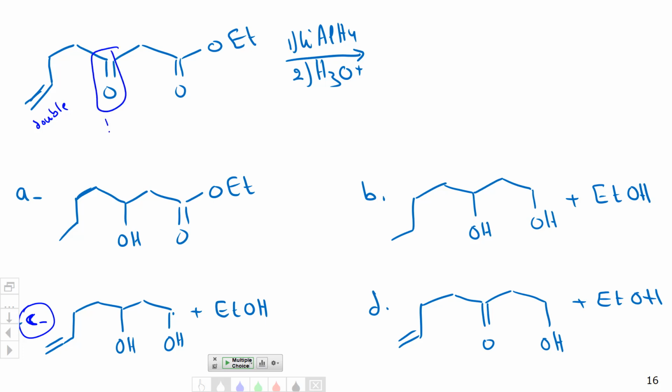This is a ketone. We know that ketones can be reduced to secondary alcohols using lithium aluminum hydride. This is an ester, which is one of the acid derivatives. With lithium aluminum hydride, it will be reduced to a primary alcohol. So we're going to choose the answer with the primary alcohol from the ester, the secondary alcohol from the ketone, and the double bond not affected, which makes C the right answer.